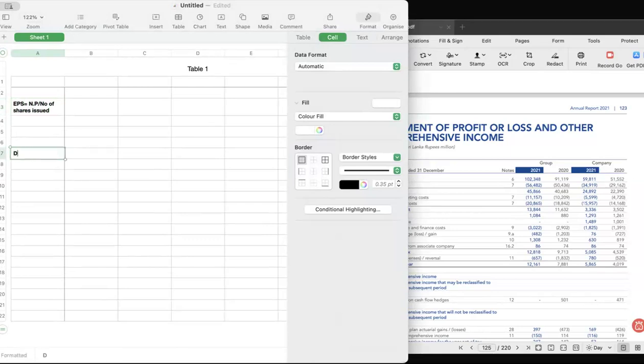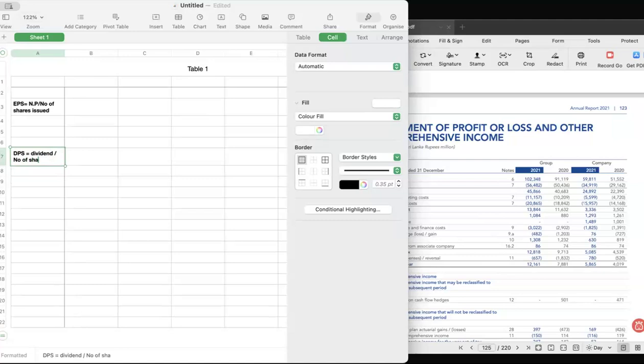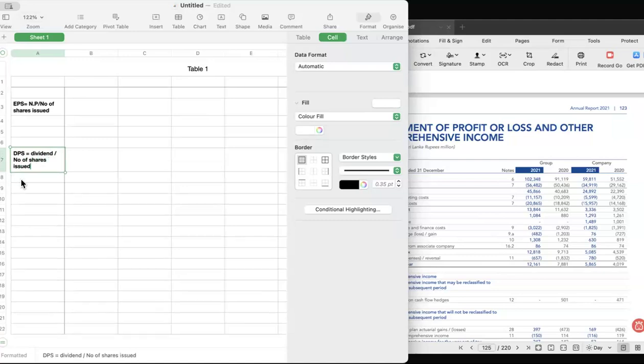Next, we're going to calculate the DPS, which is dividend per share. So that is equal to dividend divided by number of shares issued.